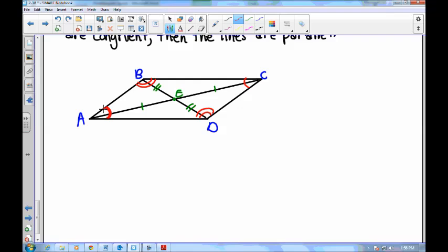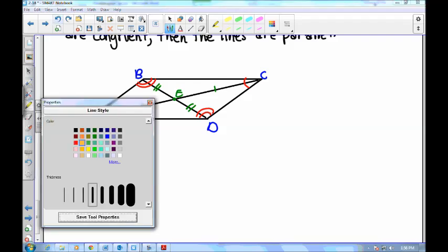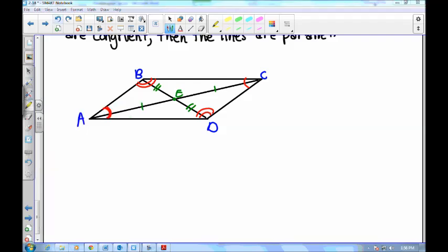Okay, if you would find a light-colored crayon, please. I'm going to use a light-colored crayon to mark some CIA angles, consecutive interior angles. So if I start with A, what's a... Ooh, I don't like that color. Let's try that again. I want a yellow. Consecutive interior angle.